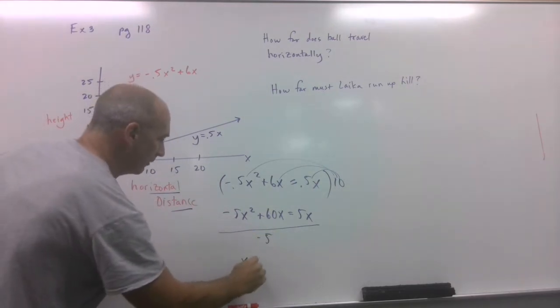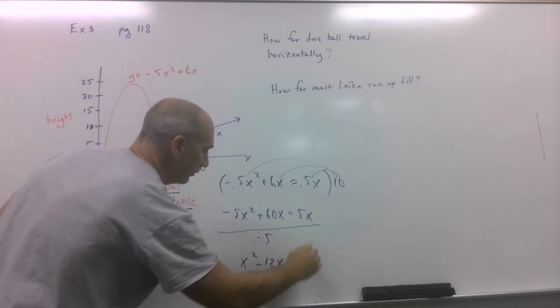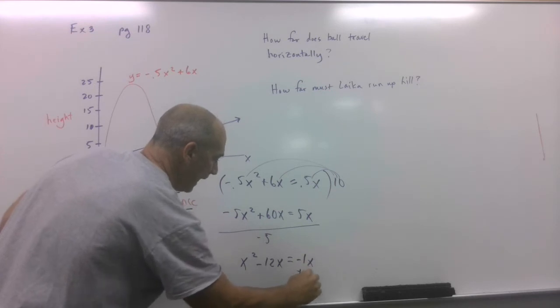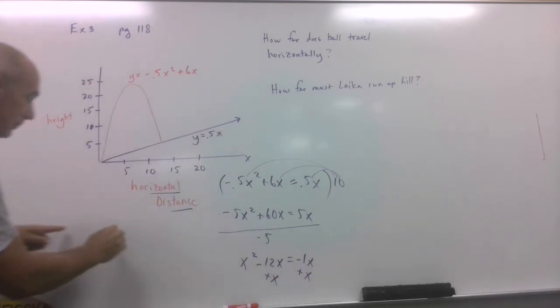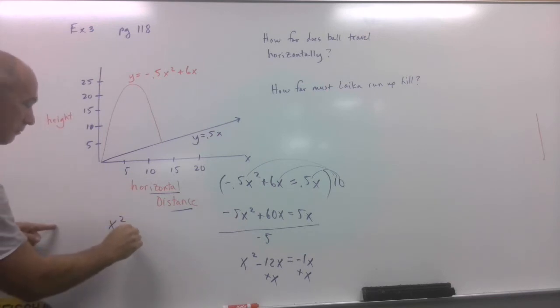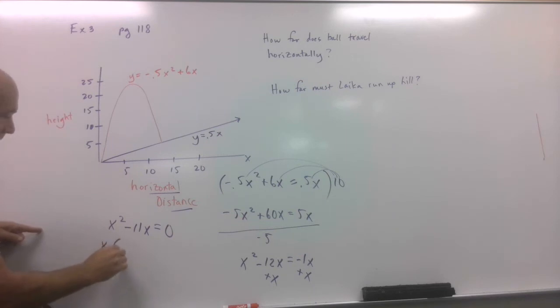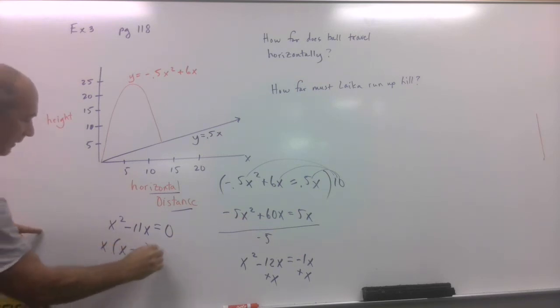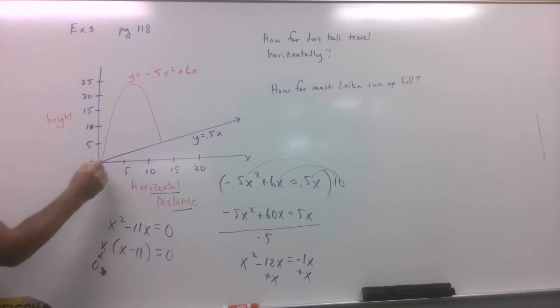So it's going to be x squared minus 12x equals negative 1x. Now if I add x here and add x here, I'm going to get x squared minus 11x equals 0. If I take an x out, x times (x minus 11) equals 0, so x equals 0, which is 0 distance, and that's right here.